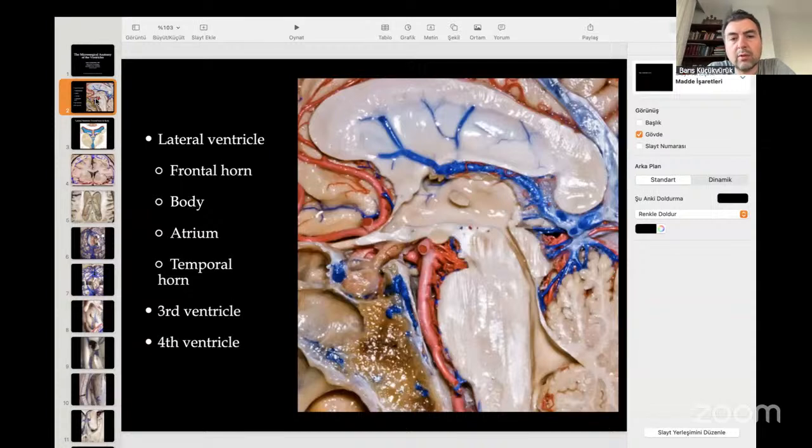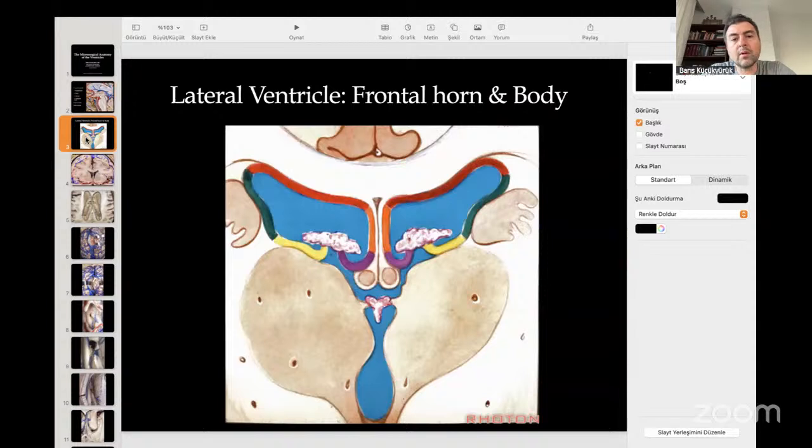The lateral ventricle has a C shape or horn shape structure with the frontal horn, backwards the body, and it turns around the basal ganglia and atrium and goes into the temporal lobe as the temporal horn. So it's a complex anatomy, and we're going to review it. First, we need to speak about the lateral ventricle, the frontal horn and the body.